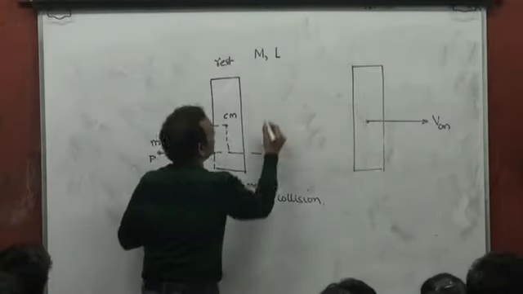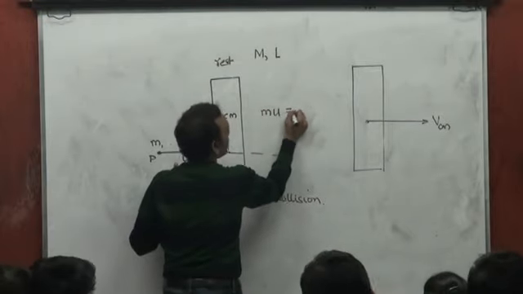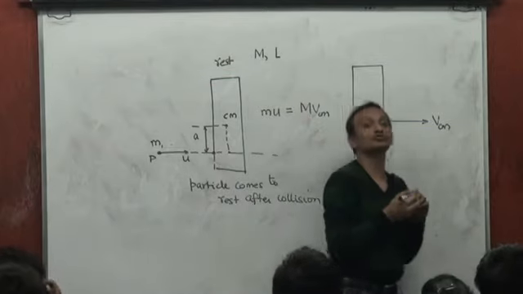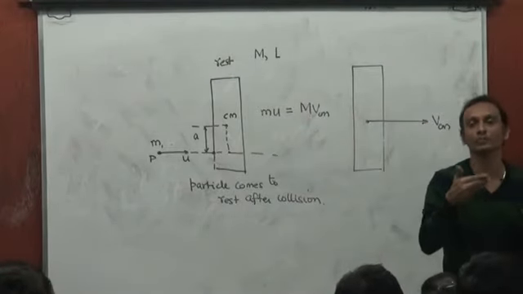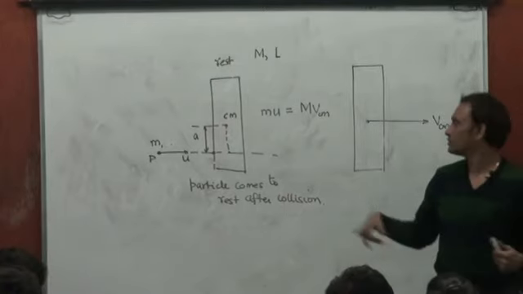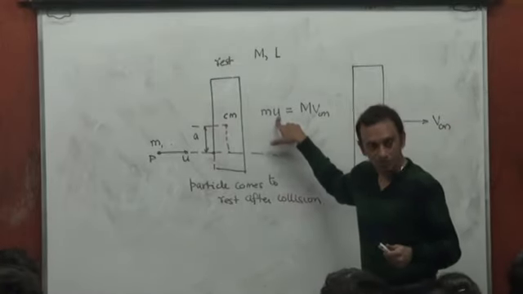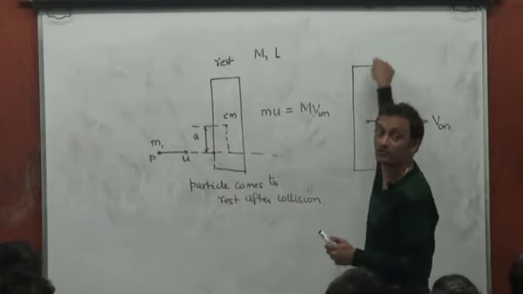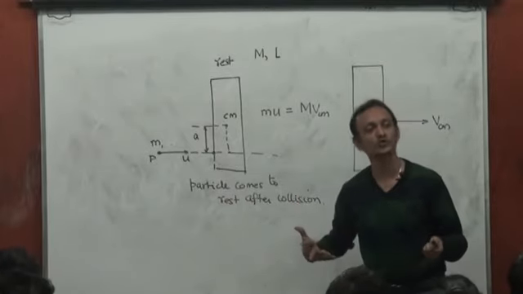We started with a linear momentum mu, and then M into VCM is the linear momentum that we produced on the rod because of this small mu. The particle came to rest, conserving linear momentum: before collision, mu; after collision, capital M into VCM is the linear momentum of the rod. Yes or no?